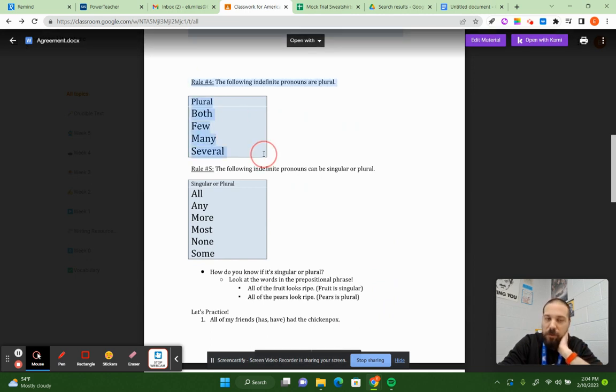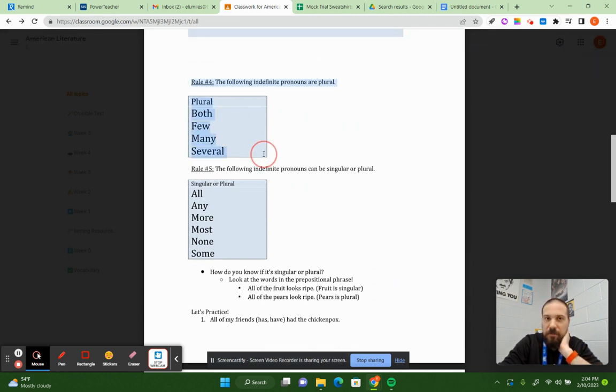These pronouns are always plural, and these are common sense. Both will always be plural because I'm at least always talking about two people. Few, I'm at least always talking about more than one person. Many, more than one. Several, more than one. So those are always going to be plural no matter what.